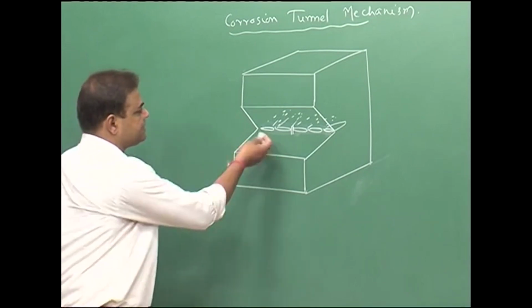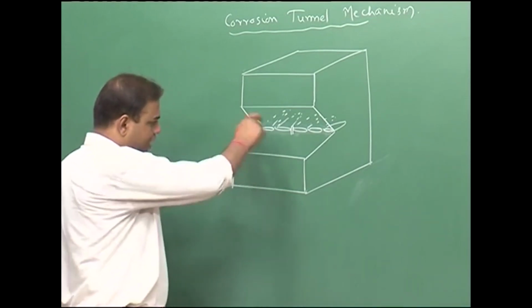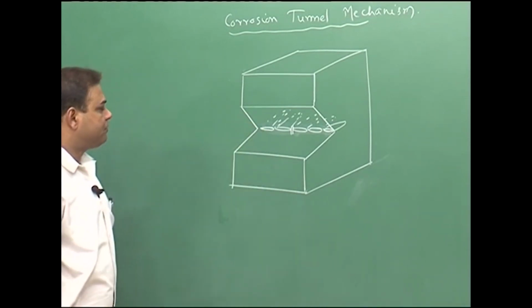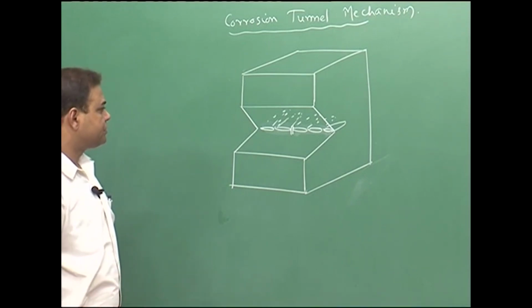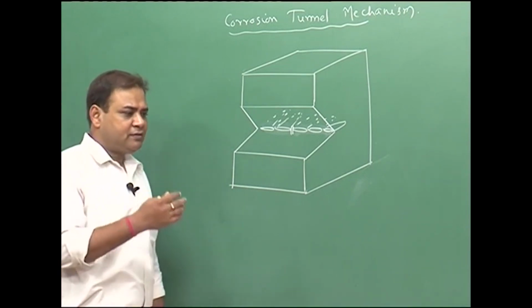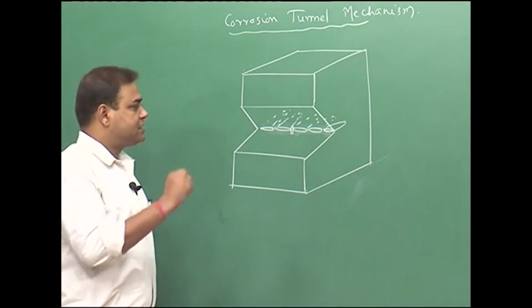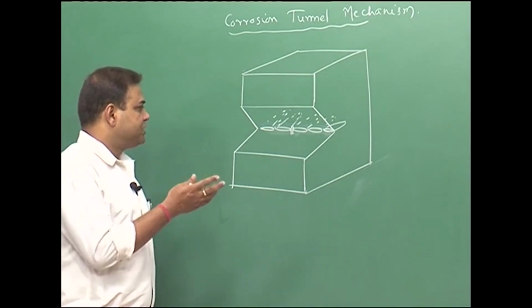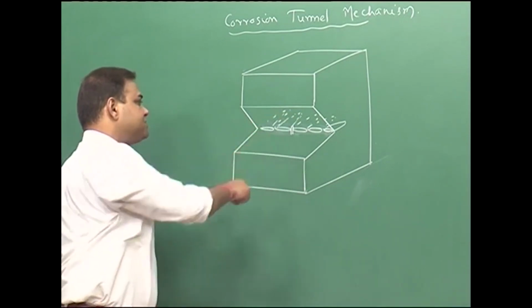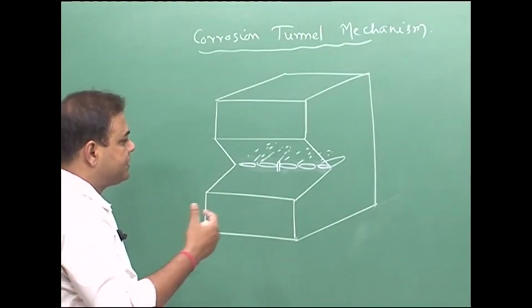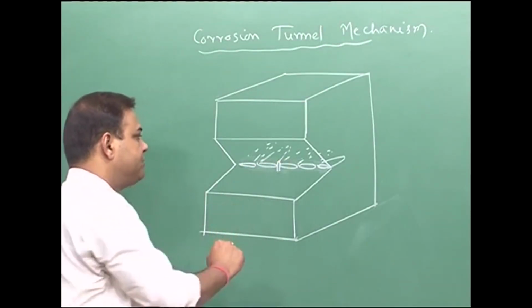So, this is basically the first stage, you have multiple tunnel formation and then simultaneous growth, and then the breaking of all those ligaments due to the increase in stress on those ligaments, and then finally you have mechanical failure on those ligaments.